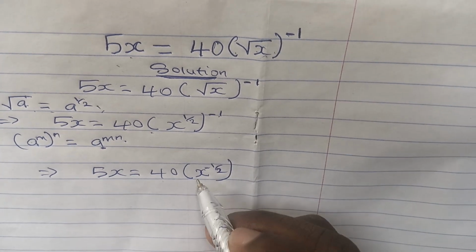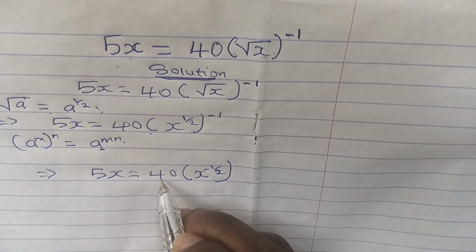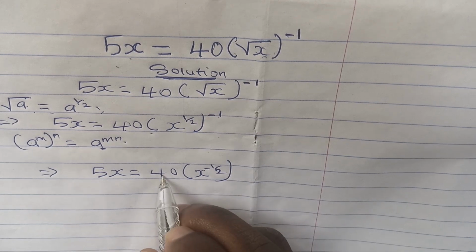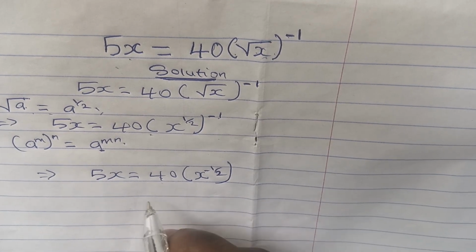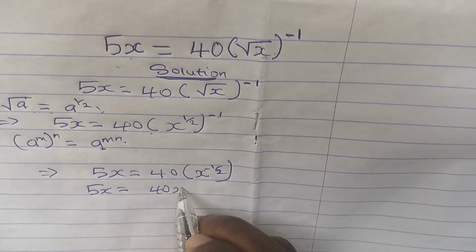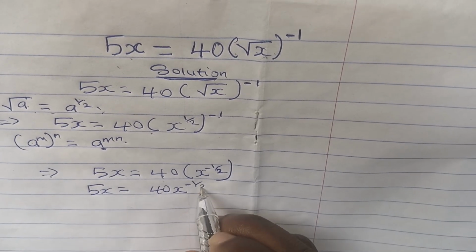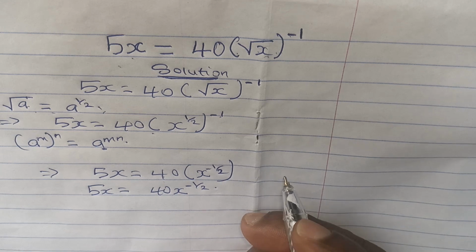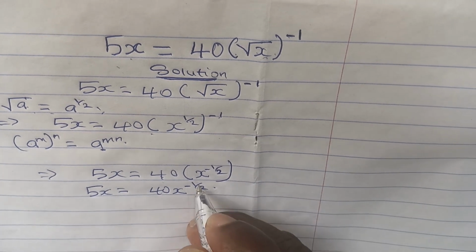Recall this bracket represents the multiplication sign, so we have 5x is equal to 40x to the power of -1 over 2. It's an easy challenge.